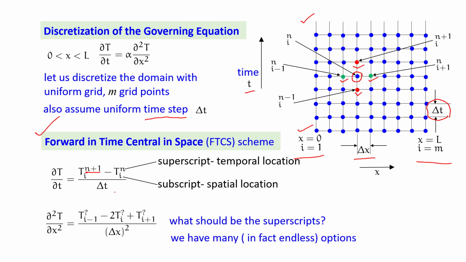Then we have to discretize the spatial derivative, that is del 2 T del x2. Now del 2 T del x2, we already know how to do the discretization of d2T dx2, and that is T i minus 1 minus 2 T i plus T i plus 1 divided by delta x square. This is a very good scheme, second order accurate.